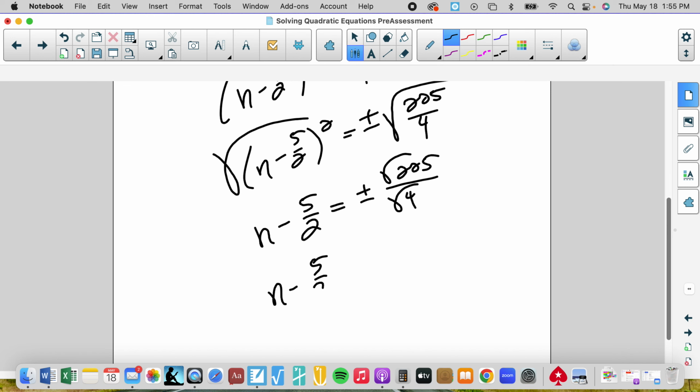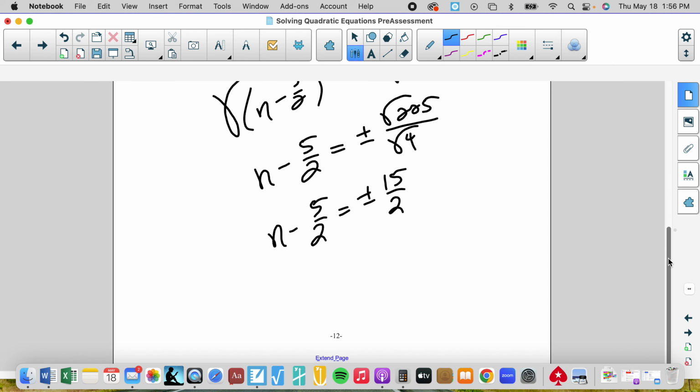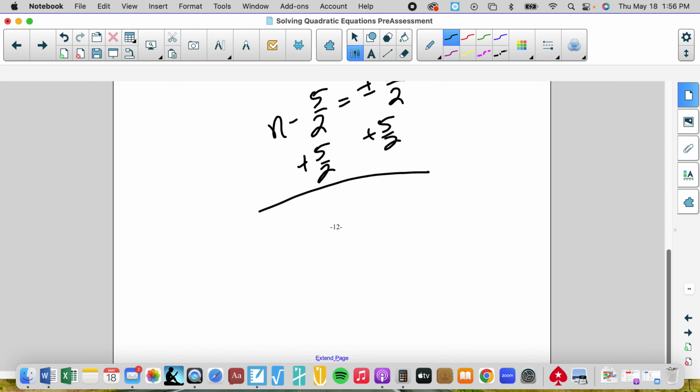N minus 5 over 2 equals plus or minus 15 over 2. I, at this point, remembered that 225 is a perfect square. I'm going to add 5/2, add 5/2. I have n equals 5/2 plus or minus 15 over 2.